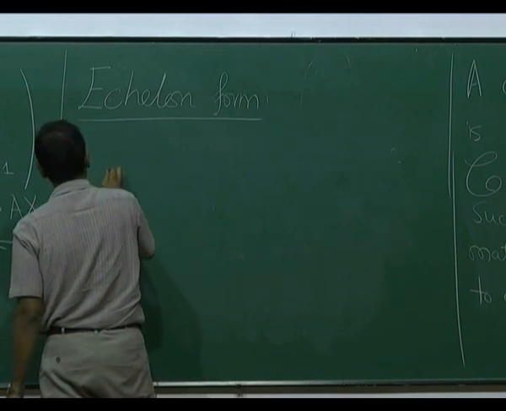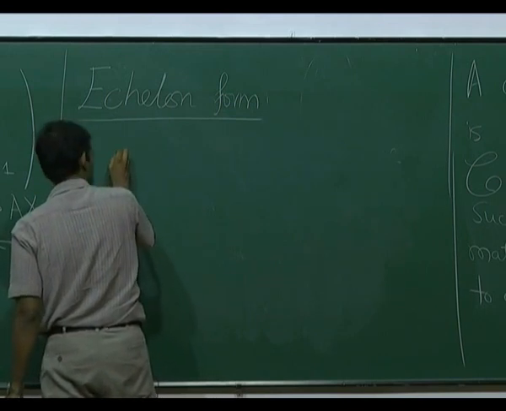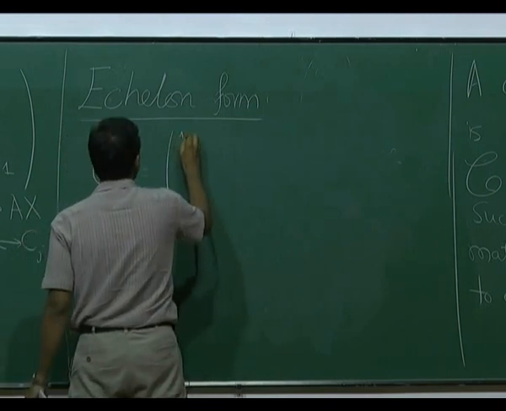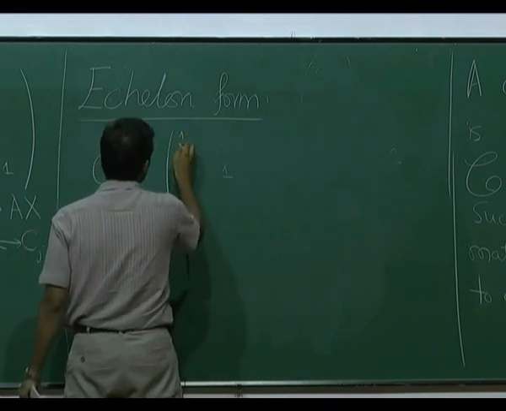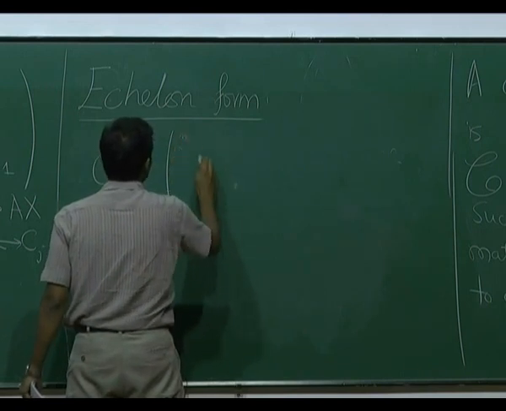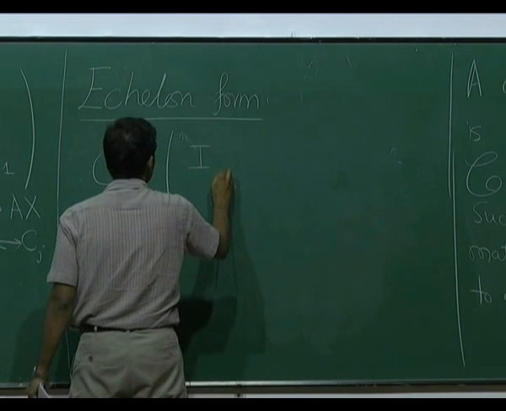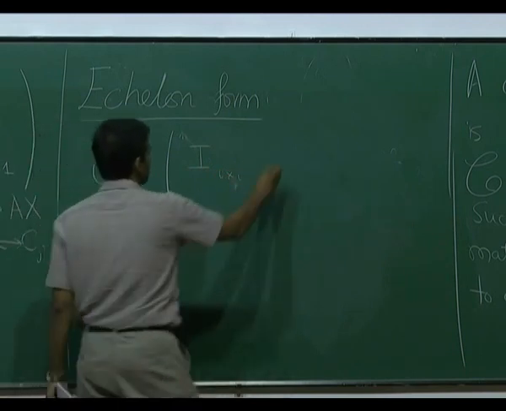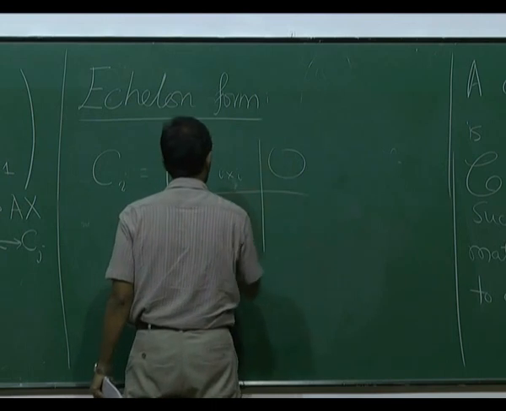So let me call this matrix Ci. There's 1, 1, 1, 1, this is i ones. Maybe I'll write it as the identity matrix i by i, and then 0, 0, 0.